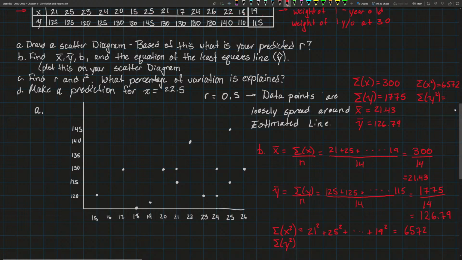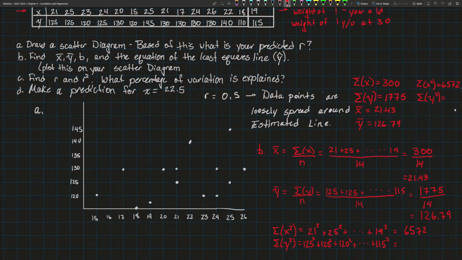So this would be like 125 squared plus 125 squared plus 120 squared all the way up until 115 squared. Then we gotta type that into a calculator.